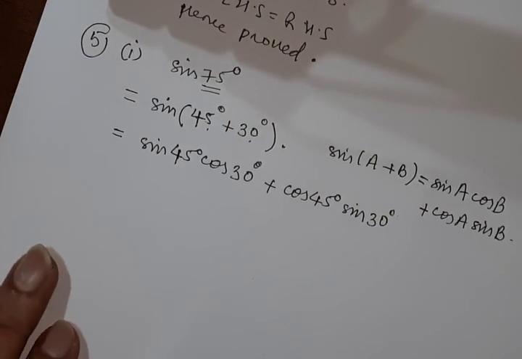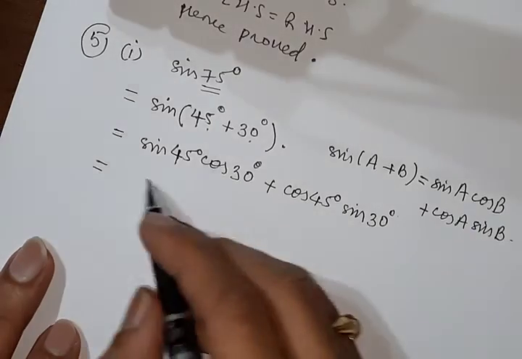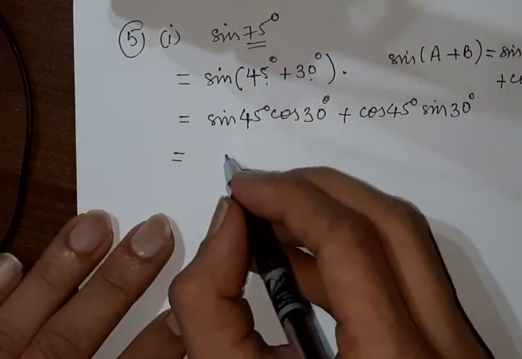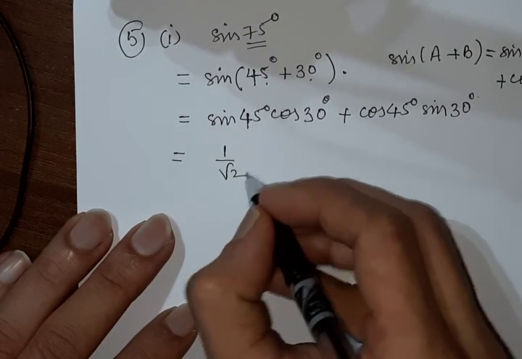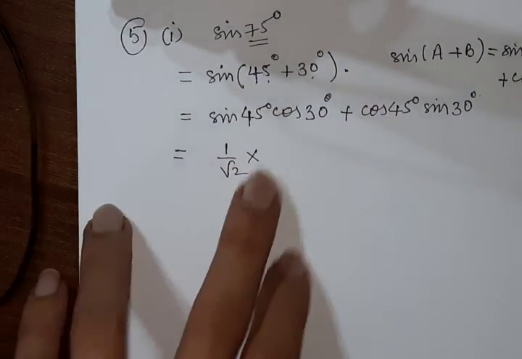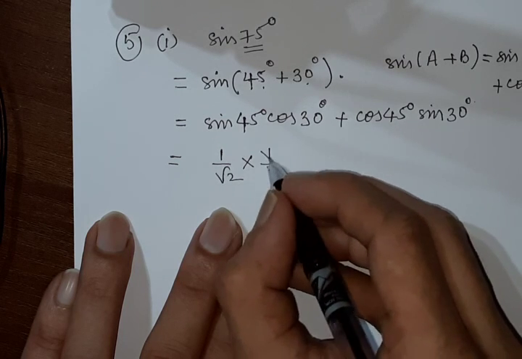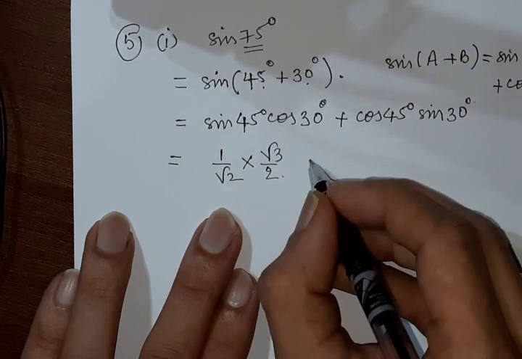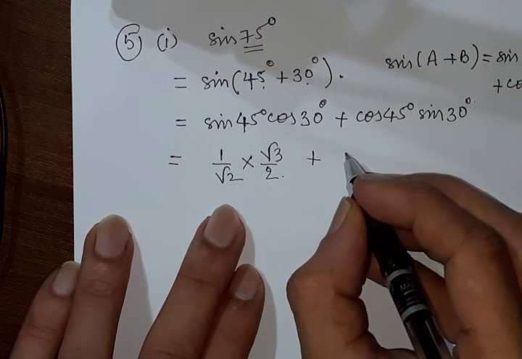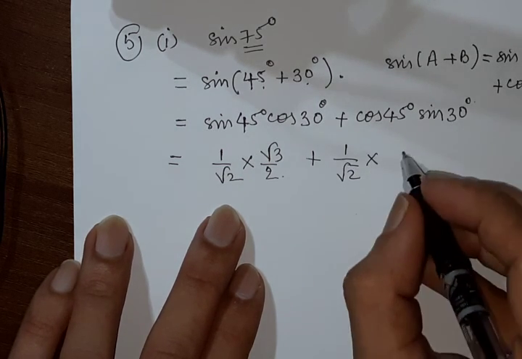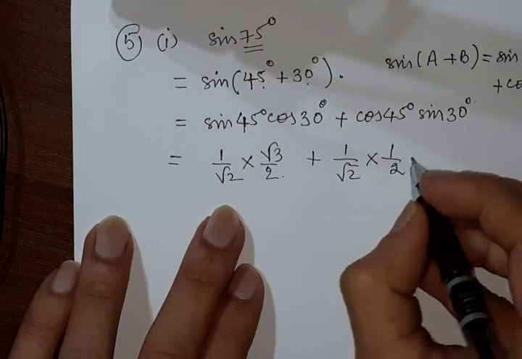So what we will get here? Sine 45 is what? Sine 45 is 1 by root 2, right, multiplied by cos 30, which is root 3 by 2, plus cos 45, which is 1 by root 2, multiplied by sine 30, which is half.